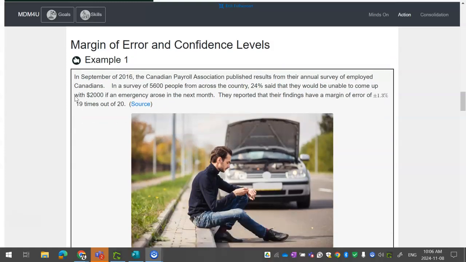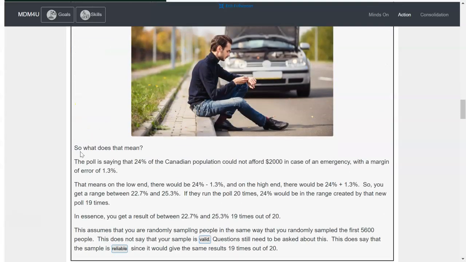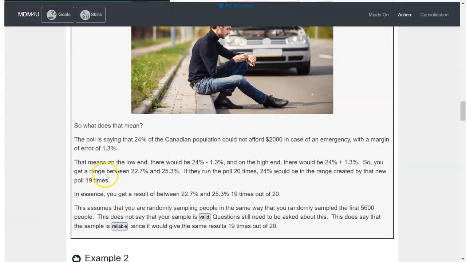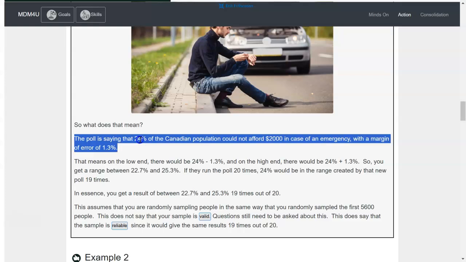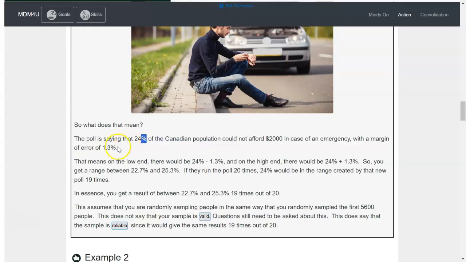Confidence levels and margin of error. We're not going to spend too much time on the math behind this, but for example, here it says that a poll says 24% of the Canadian population could not afford this, with a margin of error of 1.3. A margin of error is a statistical measure. It means I think the answer is 24%, but I might be wrong by 1.3% up or down.